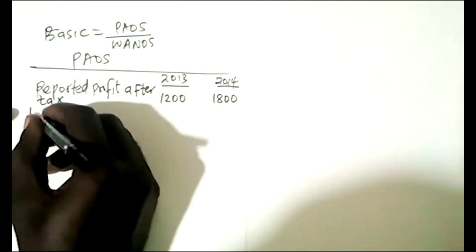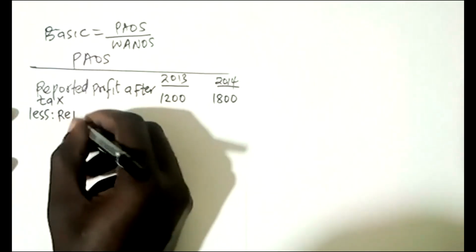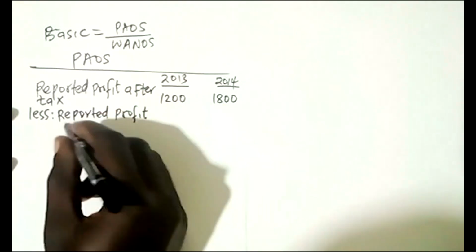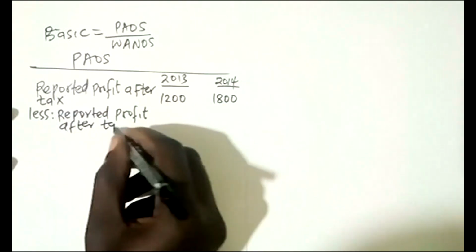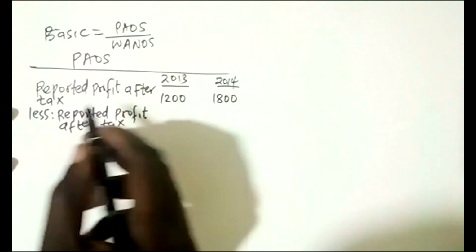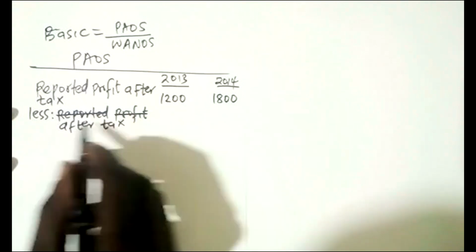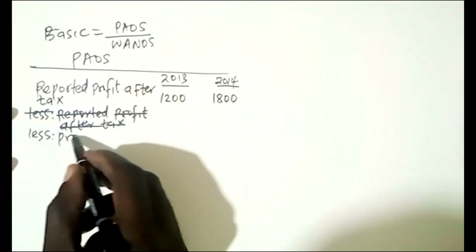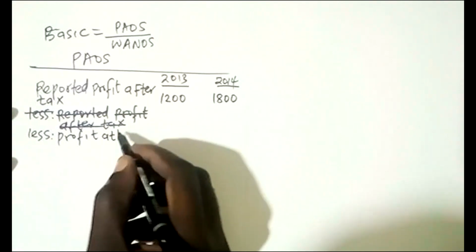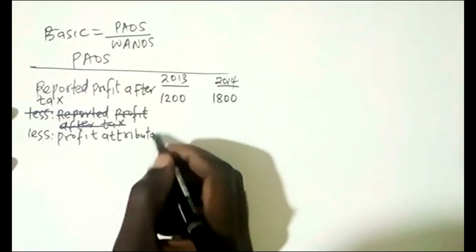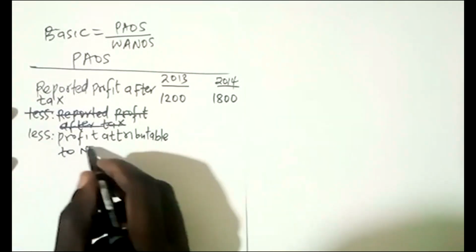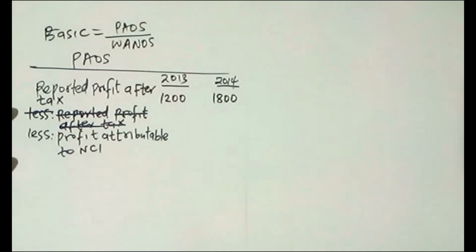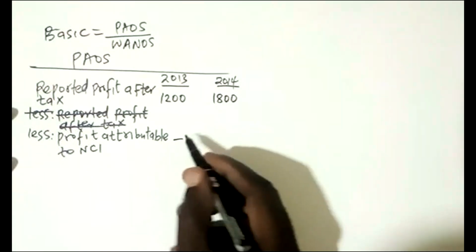Then what we have to deduct is the profit attributable to NCI. Remember that the reported profit after tax is what we started with. Then you check if there's profit attributable to the NCI. There was none.